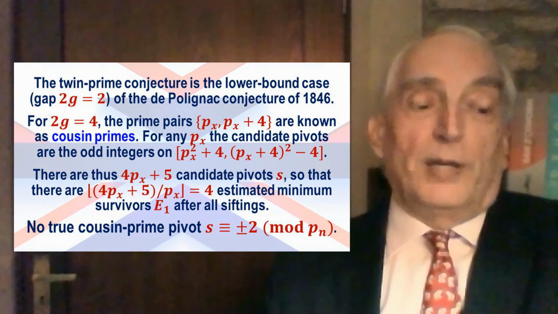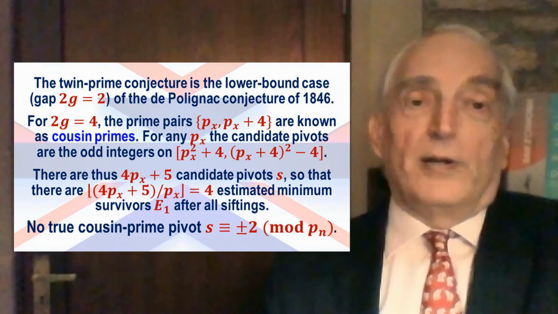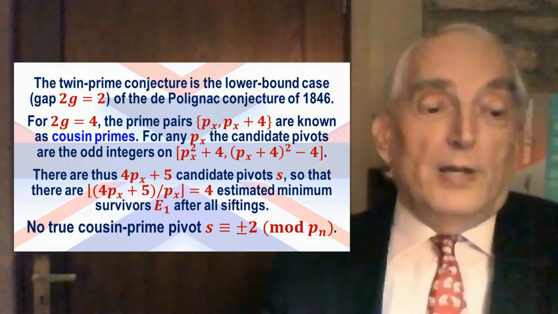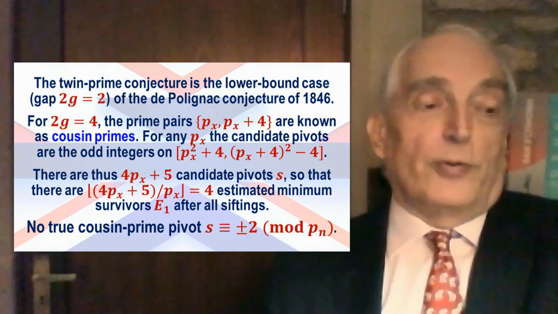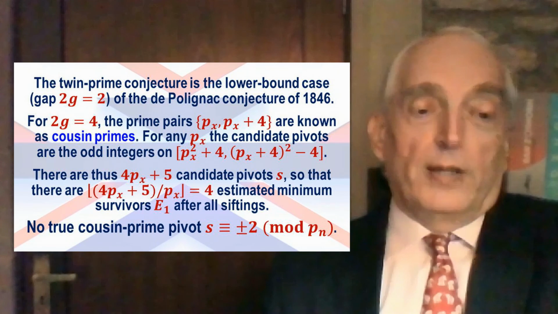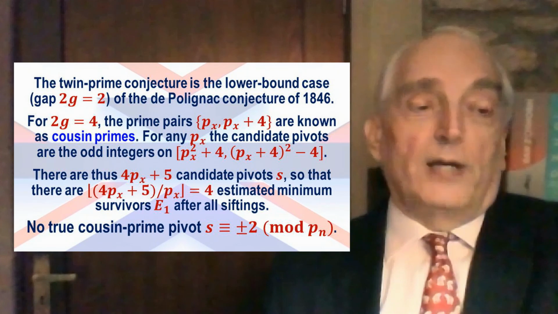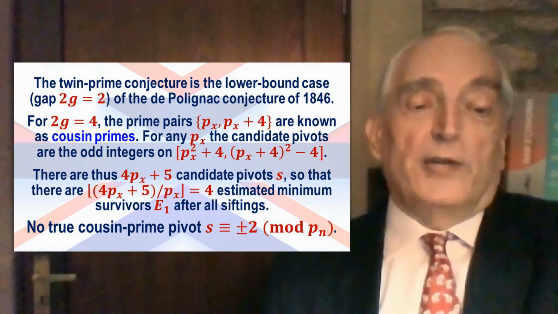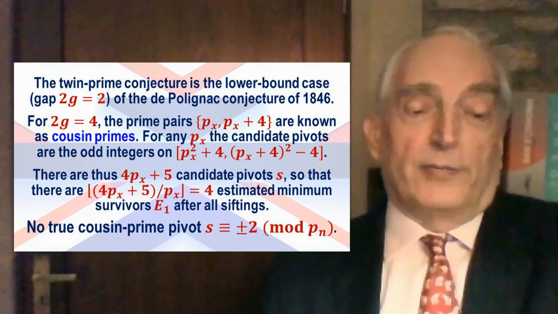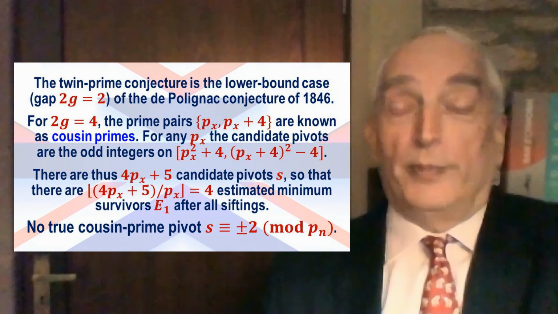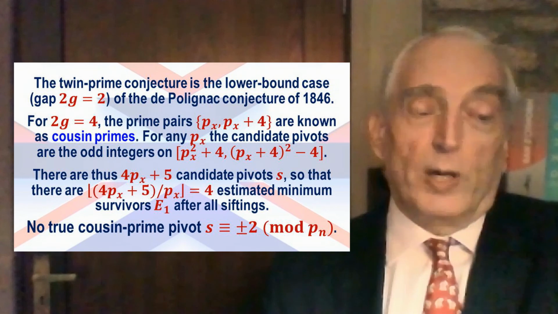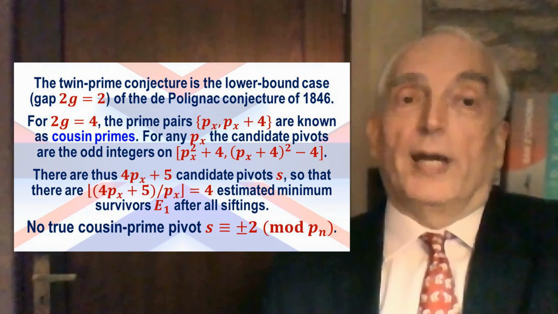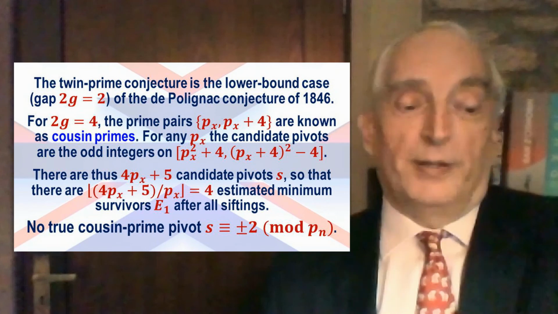And for any px, the candidate pivots are the odd integers on our new window of opportunity, which is px squared plus 4 to px plus 4 all squared minus 4. There are thus 4px plus 5 candidate pivots S, so that there are the floor function of 4px plus 5 divided by px, which is simply equal to 4, estimated minimum survivors E1 after all siftings and for all windows of opportunity.